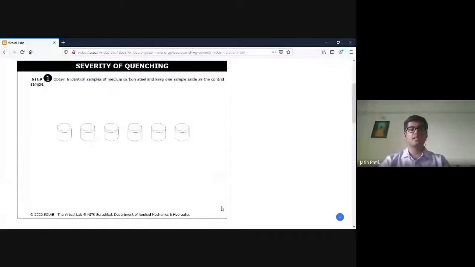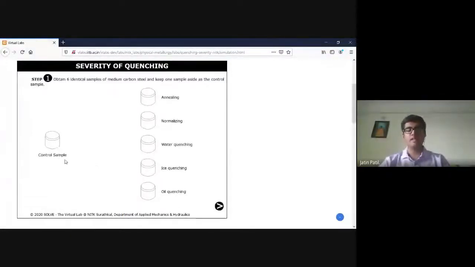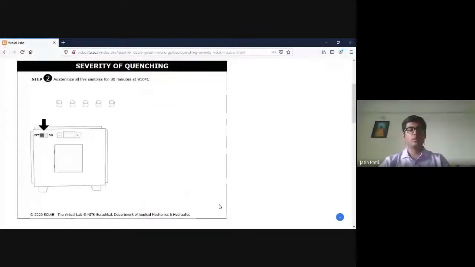First we obtain 6 samples. One of them will be used as a reference sample. We switch on the furnace and preheat it to 910 degrees Celsius. Once it's preheated, we open the door and place the 5 samples inside the furnace with a pair of tongs.